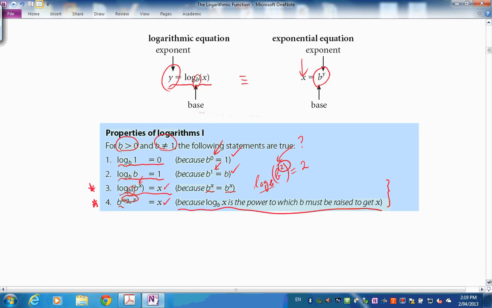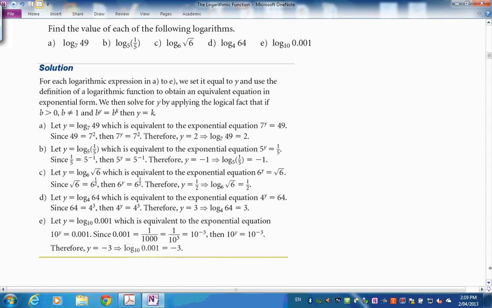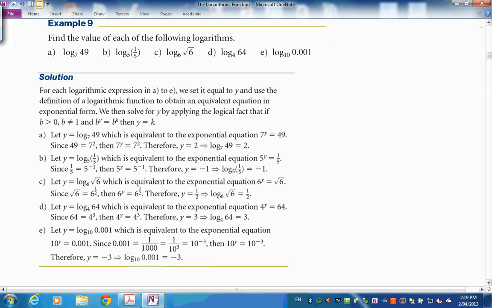But let's go down and have a look at some examples. So here's example 9. Find the value of each of these logarithms. What is log to the base 7 of 49? Well, you can write 7 to the y is 49 and go through that.